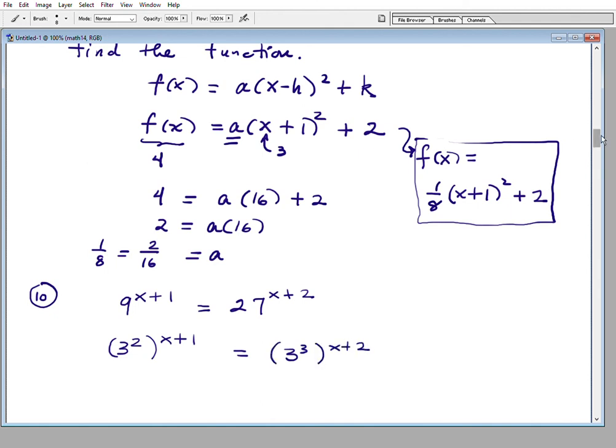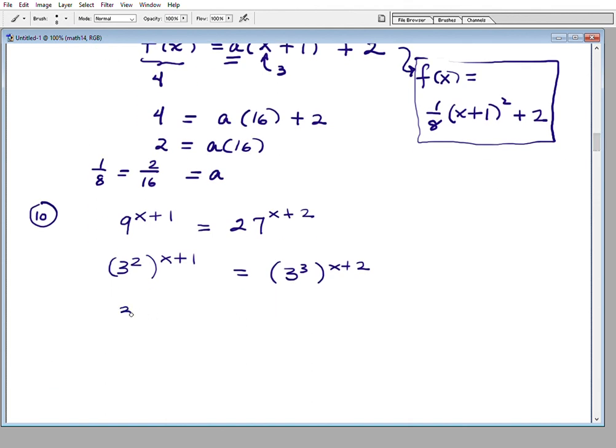All right, and now just multiply over there, multiply the exponents. So here we have 2x plus 2. And here we have 3x plus 6. Okay, so now we're ready to match the exponents.